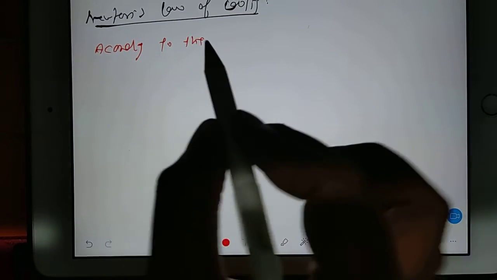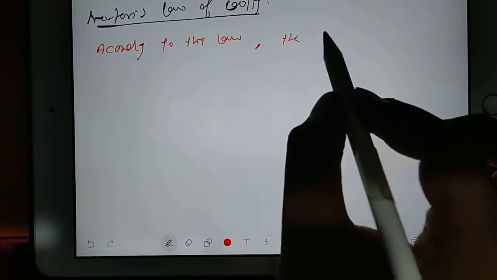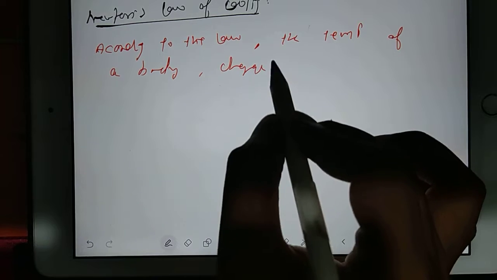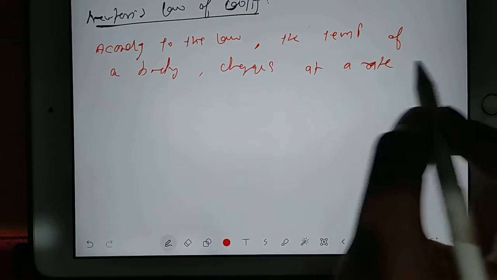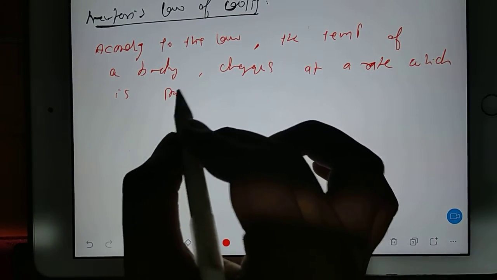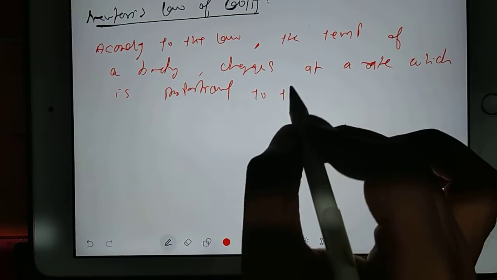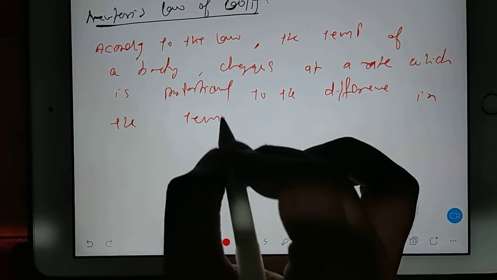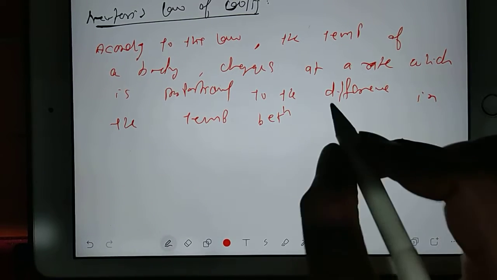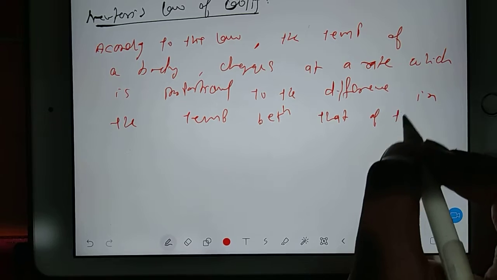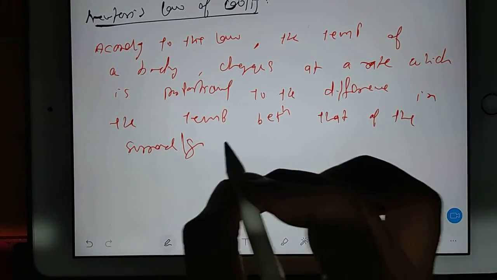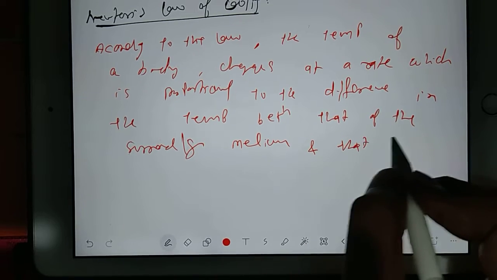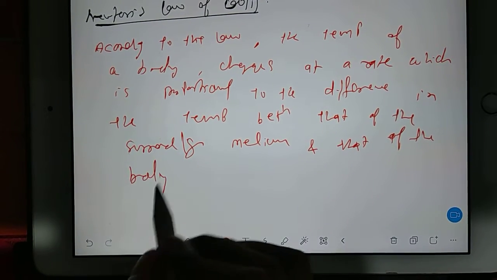According to this law, the temperature of a body changes at a rate which is proportional to the difference in the temperature between that of the surrounding medium and that of the body itself.